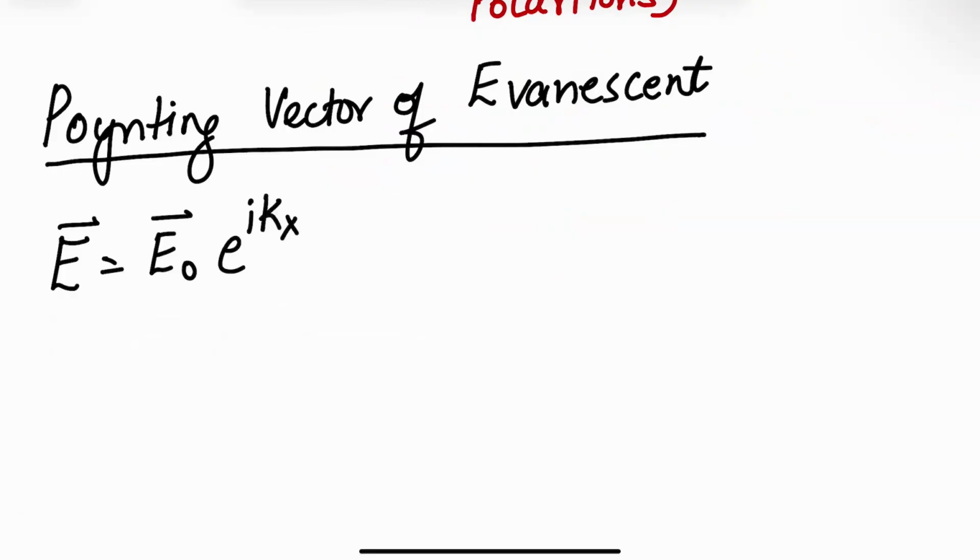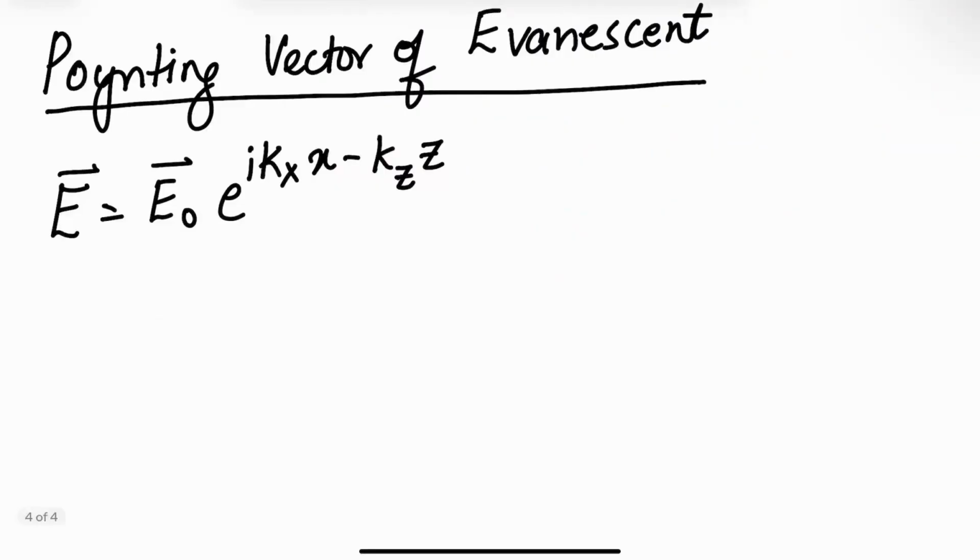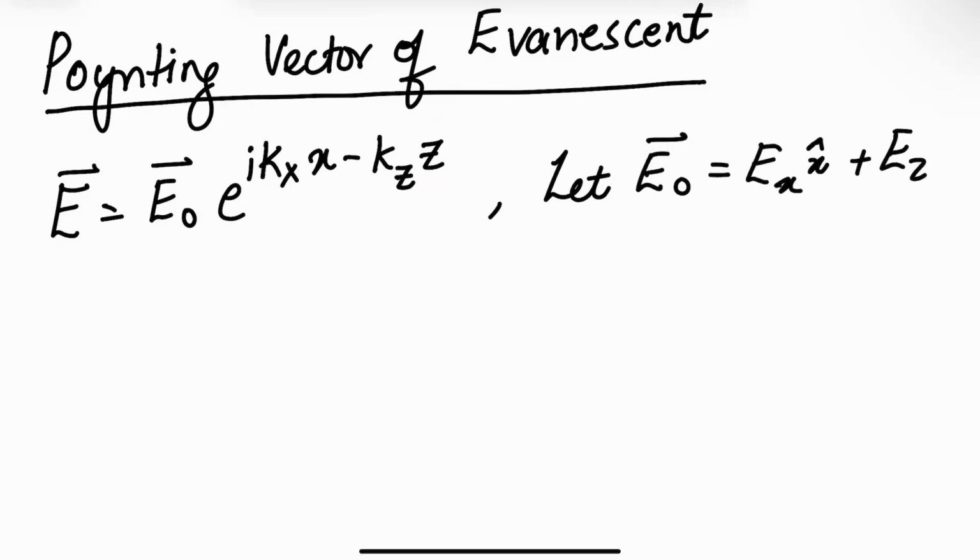But let's say I have something like this. I have a propagation in X of the phase and then exponential decay in Z. Without loss of generality, you can align your coordinate system such that the evanescent wave has phase propagation in X and amplitude decay in Z. Then also let E naught be equal to Ex x hat plus Ez z hat.